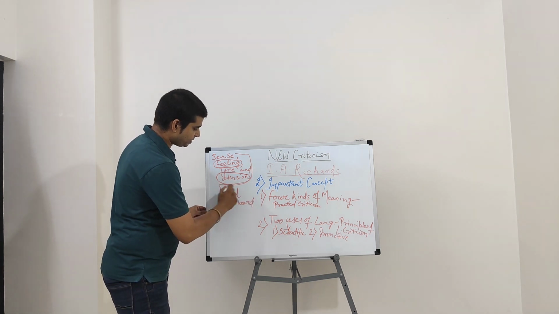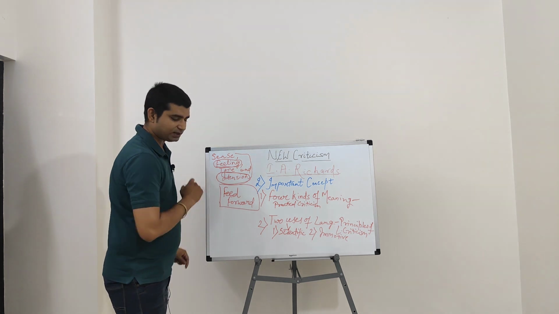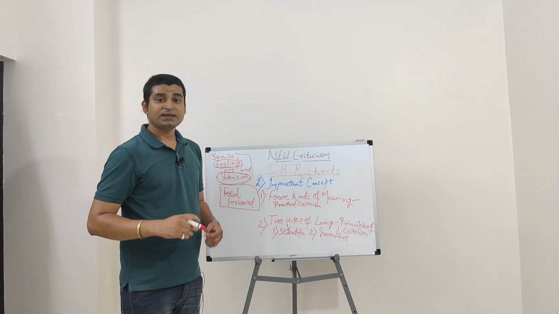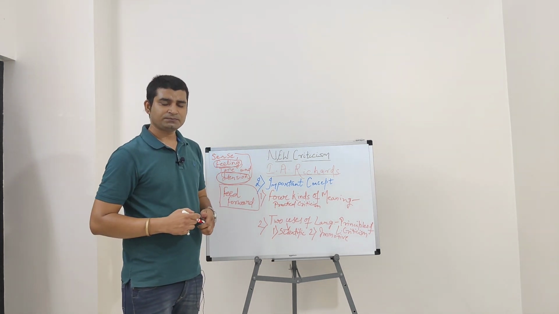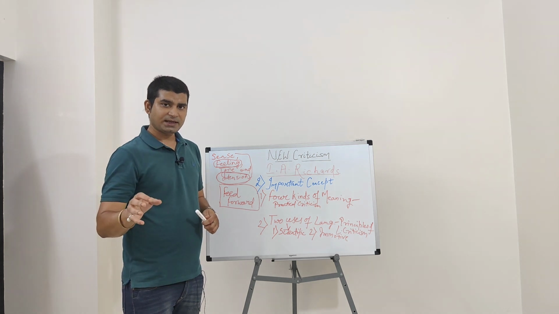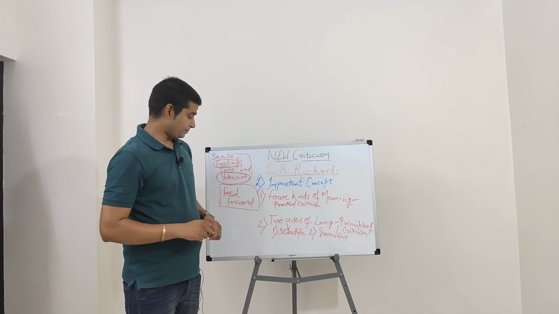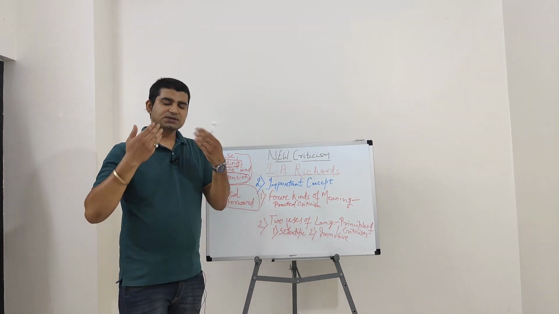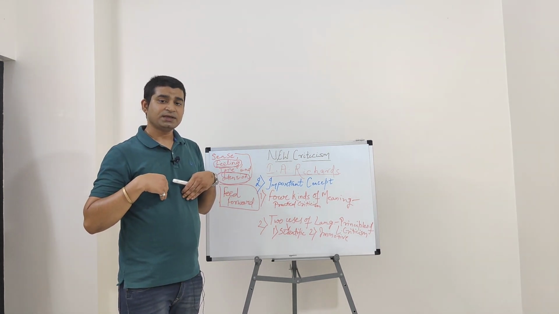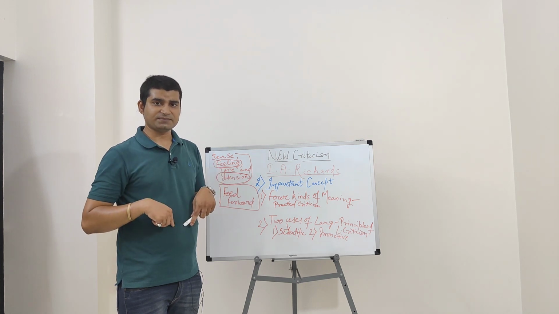Now feed forward is just the opposite of feedback. In feedback, what happens? The audience becomes the critic and they give their review, their opinion. But in feed forward, the person himself becomes the critic. He is the self-critic of himself.